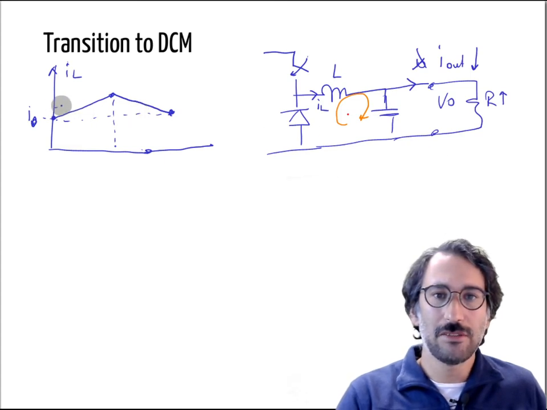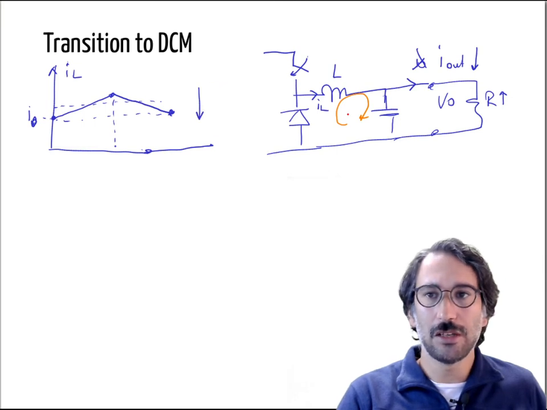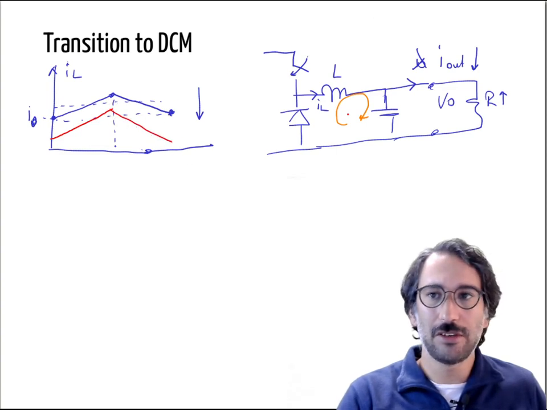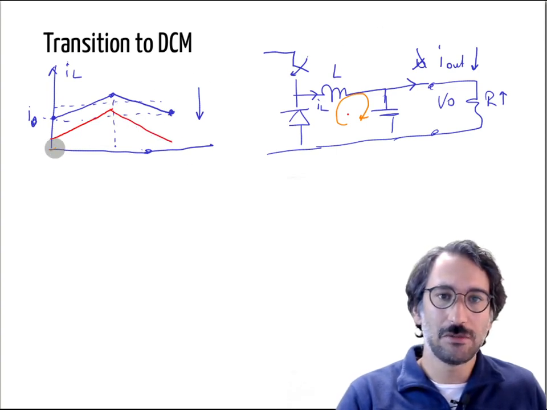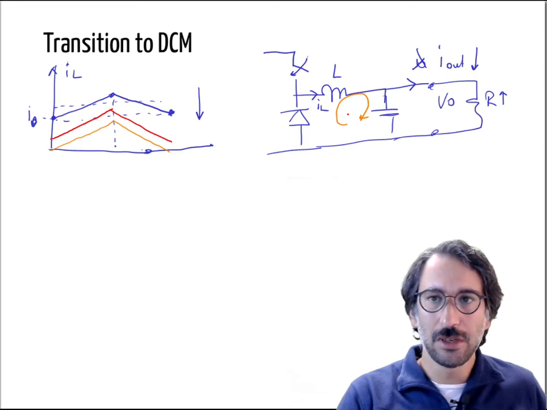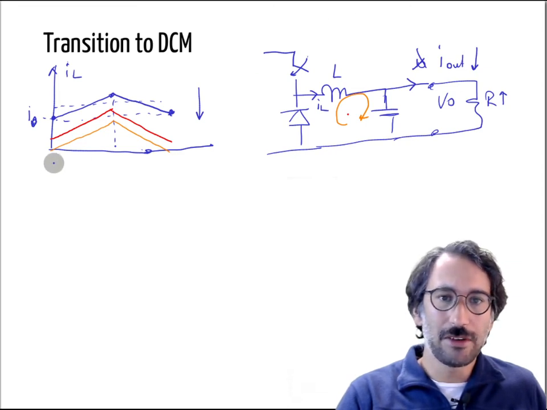So obviously the average current is going to come down. So instead of having that kind of waveform, you will have maybe that kind of waveform. Then after that you will have that kind of waveform, and you expect, if we reduce it down and down, you may assume you end up with a waveform like that, right?